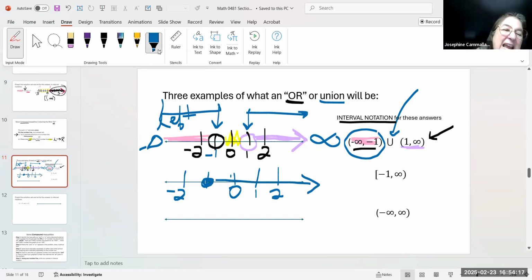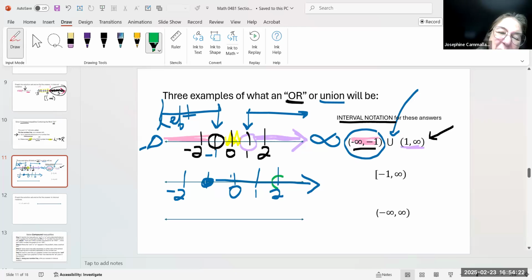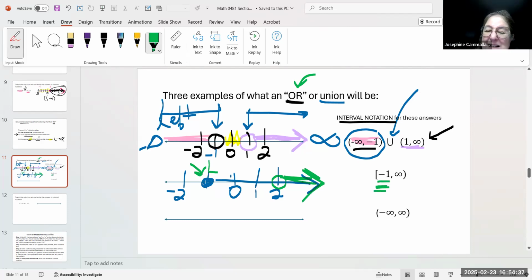But then I have this. I have 2 going this direction. This is an OR. This is where I start on the left, which is why the interval notation is taking in all of this area that's not in common with what's in common.